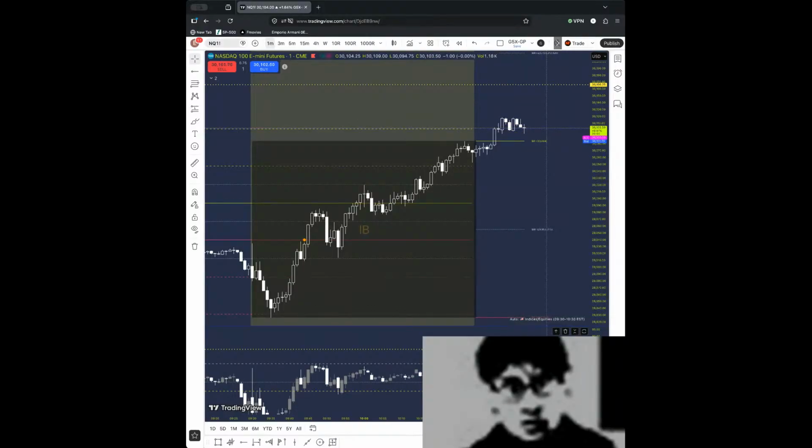Sellers don't even have the strength on QQQ to come back to where they broke out from. That would be my ultimate target, but as of right now, I'm still looking at that 1005, 1006 area for a retest. Don't see any weakness at all.